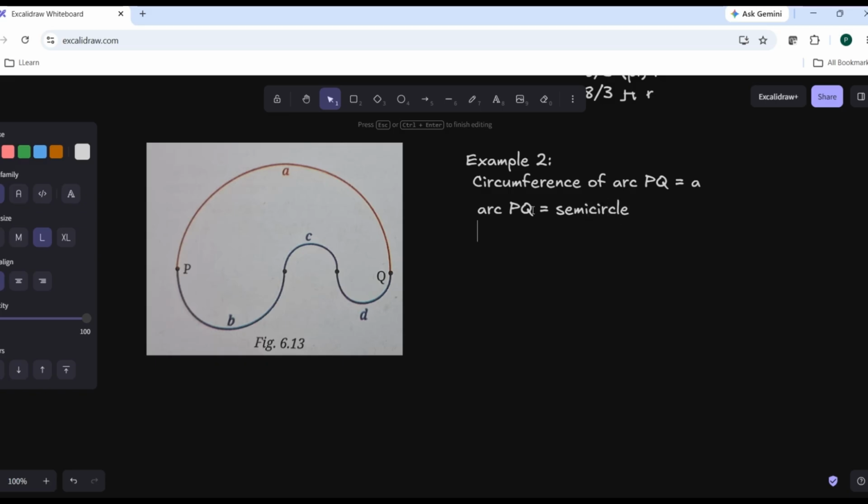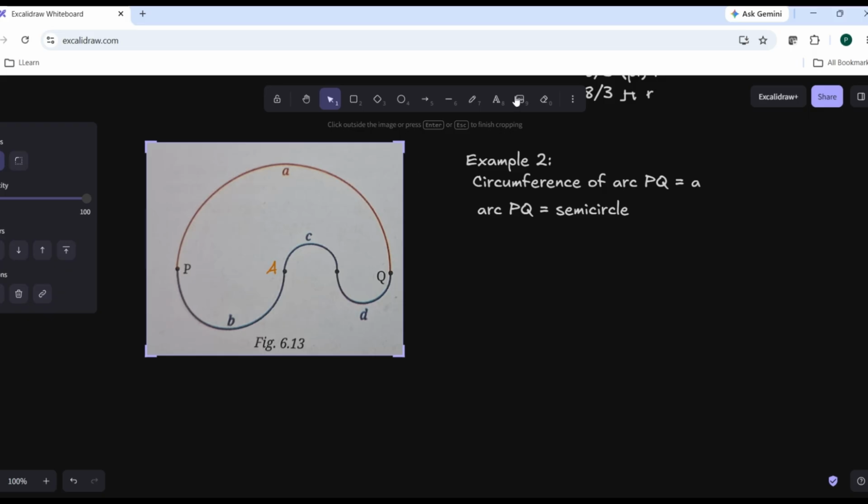Similarly, for this arc there isn't a name provided here. Maybe I will add some name to it. PQ is already taken, so I'll put A and I'll call this one B.